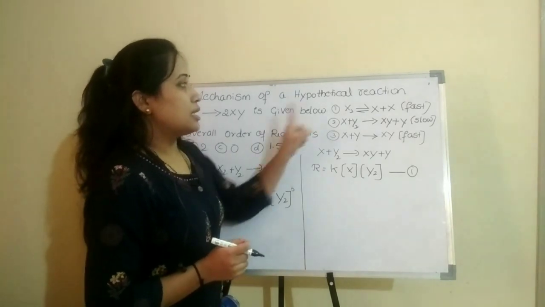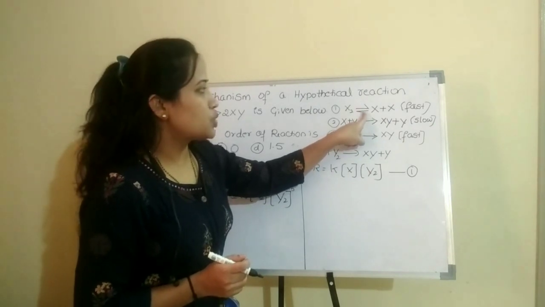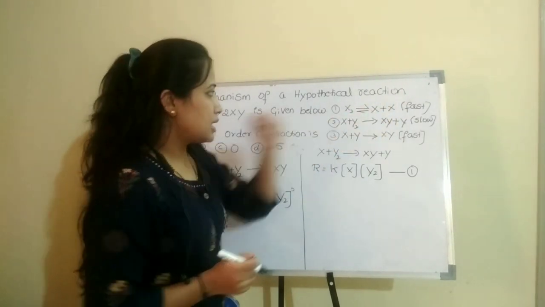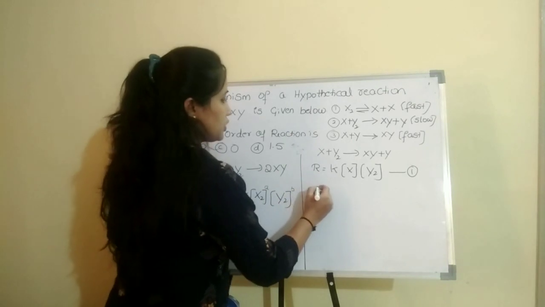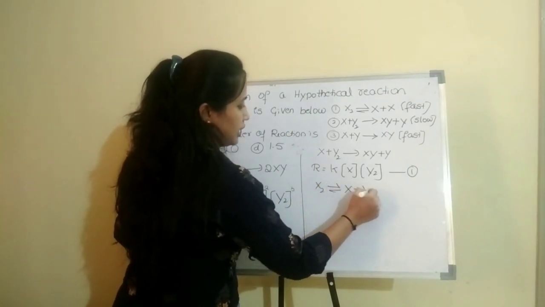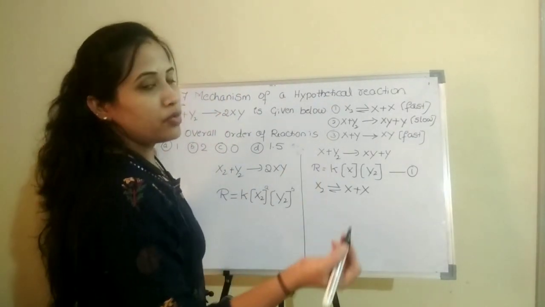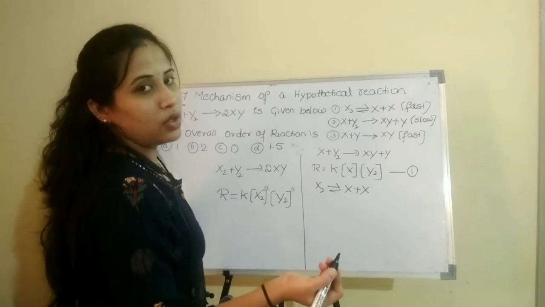I am going to consider the fastest step, which is a reversible reaction, that is X2 gives X plus X. Let us consider this reaction. We know that the rate constant of the forward reaction is more than that of the backward reaction.